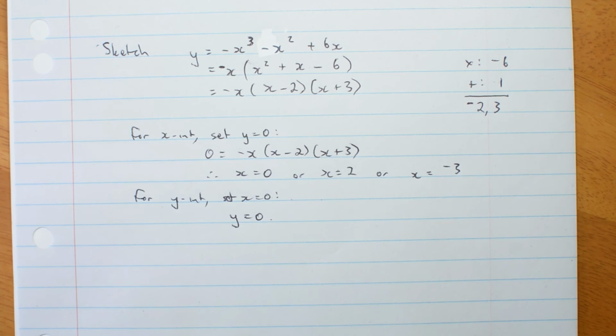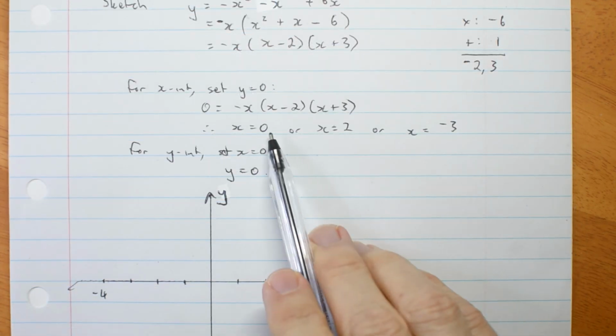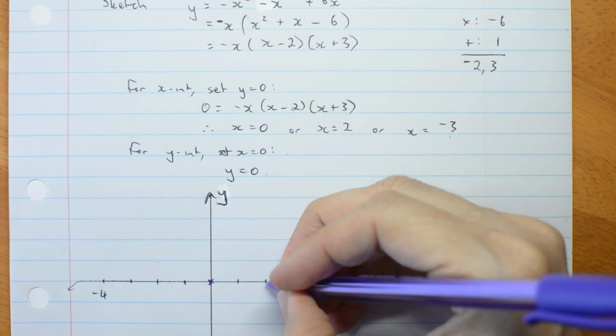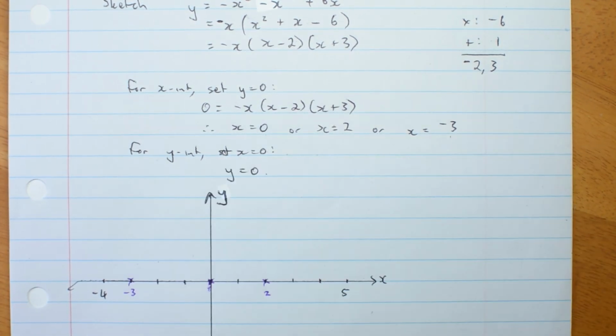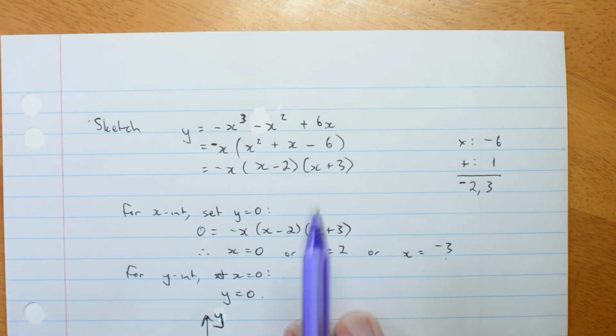Okay, now I know enough to sketch it. So what do I know? X-intercepts are at 0, 2 and negative 3. This is a negative x cubed equation.